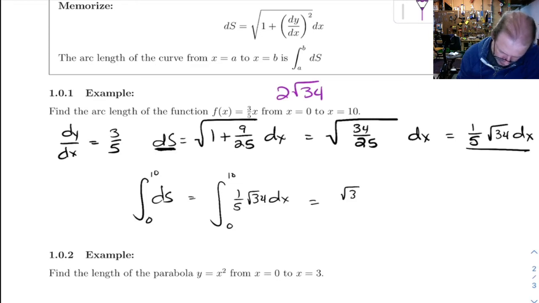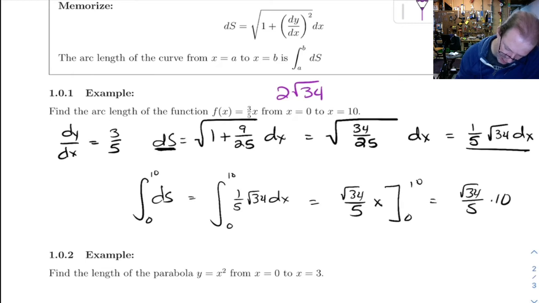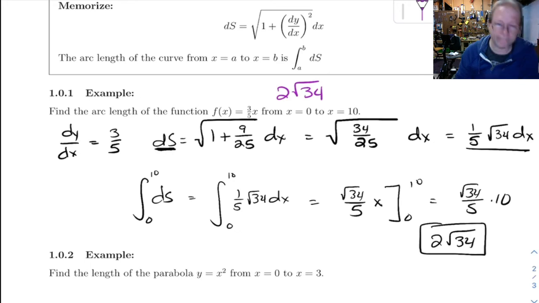So that's root 34 over 5 x from 0 to 10. So it's just root 34 over 5 times 10, and they cancel and gives you 2 root 34. All right, so 2 root 34, that's our answer, and it's what we got from just using geometry.